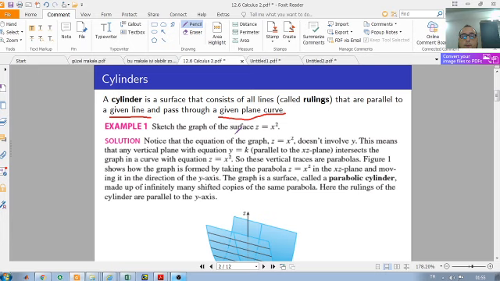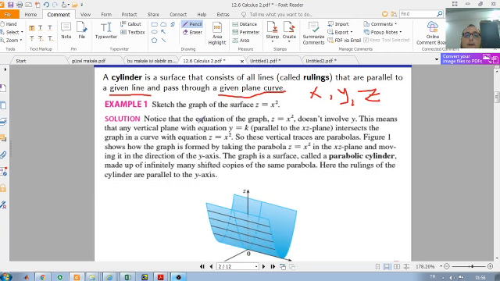For defining a plane curve in a three-dimensional coordinate system, one of the variables x, y, and z should be missing from the equation. For example, let's sketch the graph of the surface z is equal to x squared.